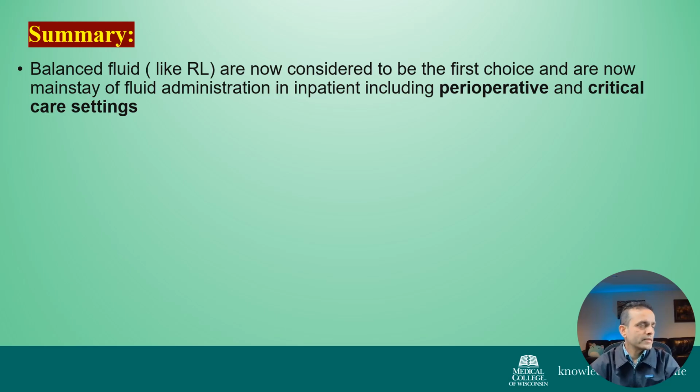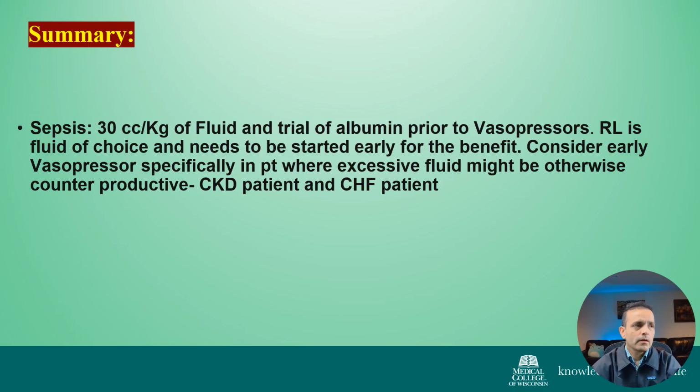So the summary is that balanced fluid like Ringer lactate is now considered the fluid of choice, in both perioperative and critical care settings. In sepsis, give 30 cc per kilogram of fluid first, and try albumin prior to vasopressors. Ringer lactate is the fluid of choice and needs to be started early. Use early vasopressors, specifically in people with congestive heart failure or advanced CKD.